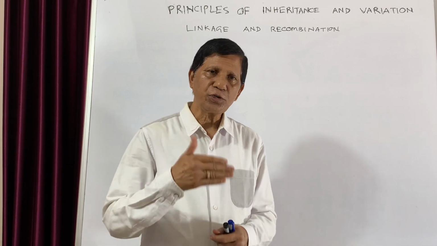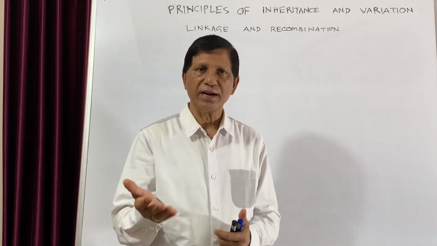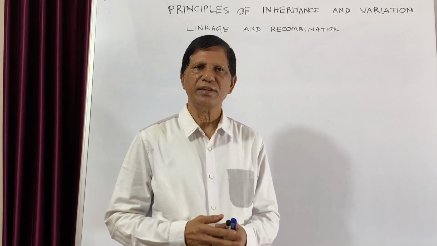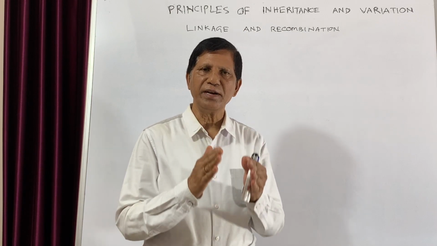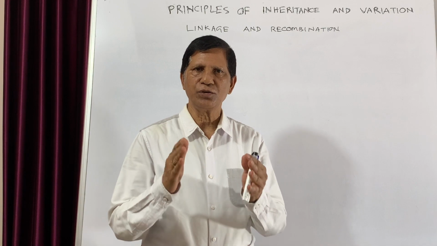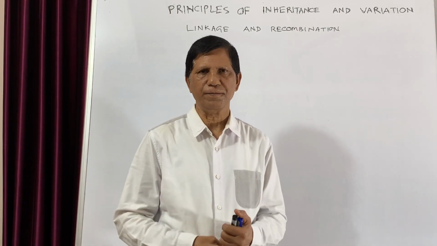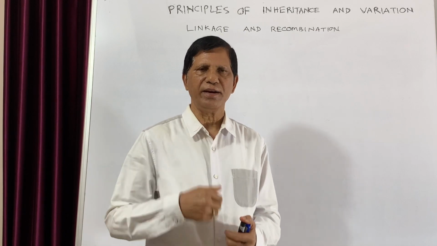But when post-Mendelian scientists started working on other characters in other organisms, they found that the Mendelian dihybrid ratio 9:3:3:1 is deviated. Other ratios are coming. So what is the reason behind it?